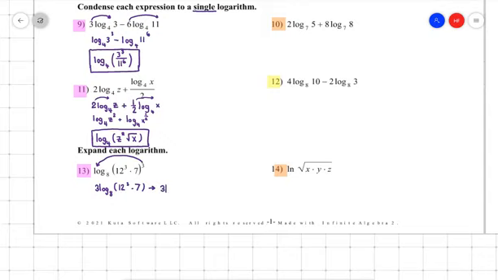So we've got 3 log base 8, 12 cubed, plus 3 log base 8, 7. And I still have that power that can come down. So I get 9 log base 8, 12, plus 3 log base 8 of 7. And then nothing else can expand. And so we're done there.